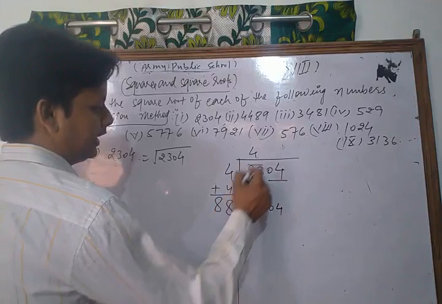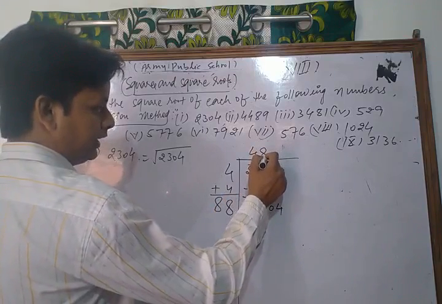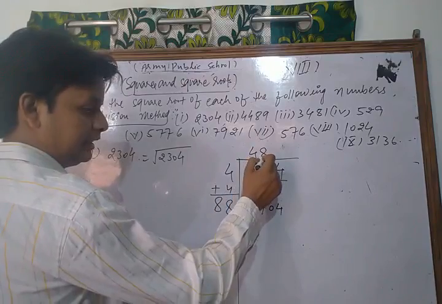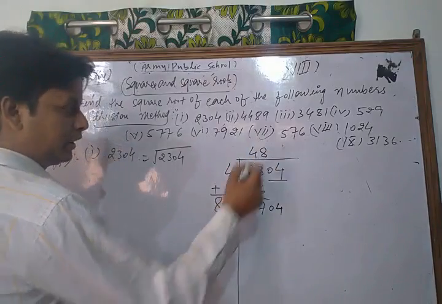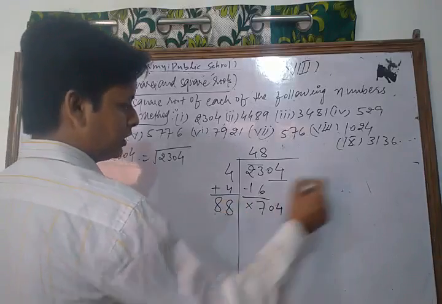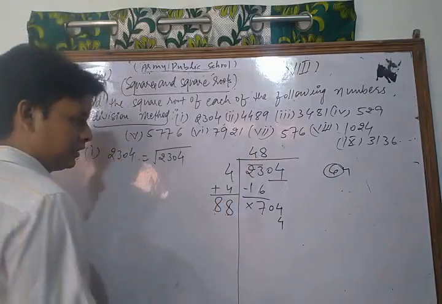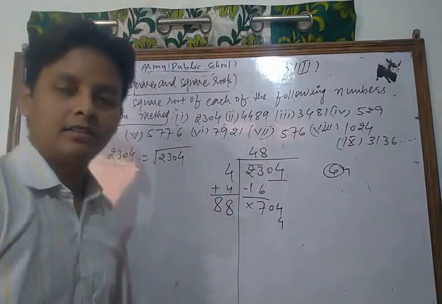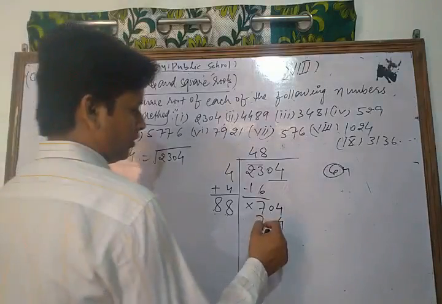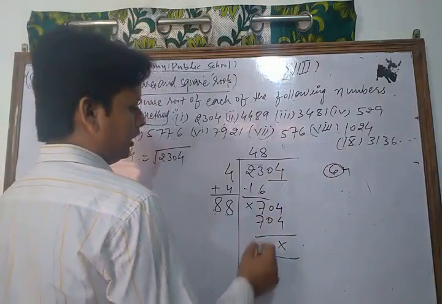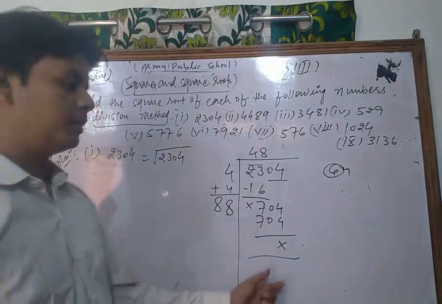Here we write 8, and 8 in that place. So we multiply this 8 with 88. 8 times 8 is 64. Carry 6. 8 times 8 is 64, and 6 is 70. Okay, so now this process continues till the remainder becomes 0.